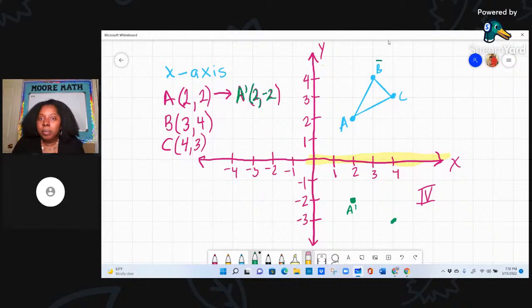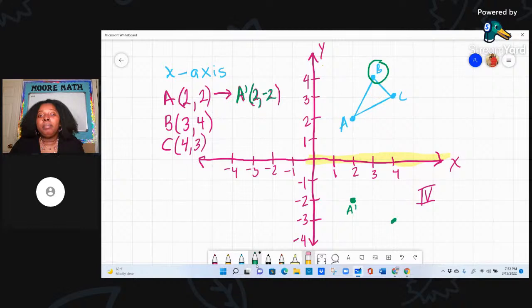Okay, remember this is B right here. So is it lined up? Remember, it had to be the same amount of spaces away from the x-axis. So is that B? So let's start again. Let's start for B again.